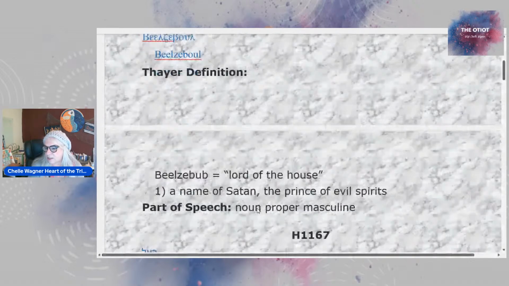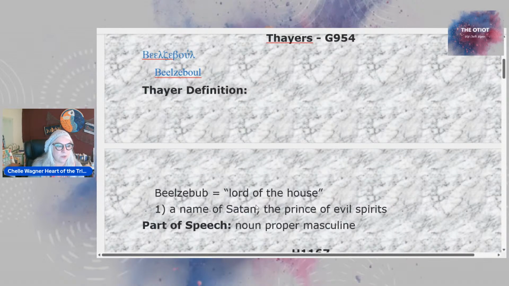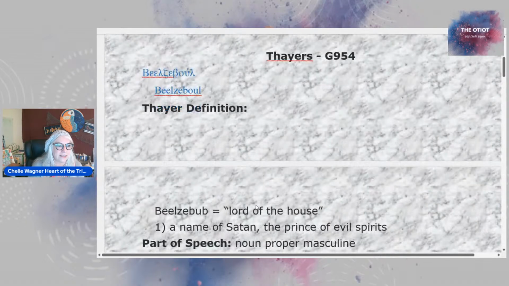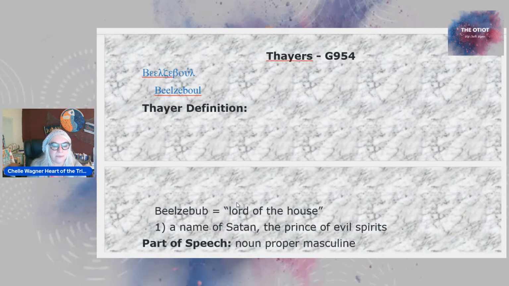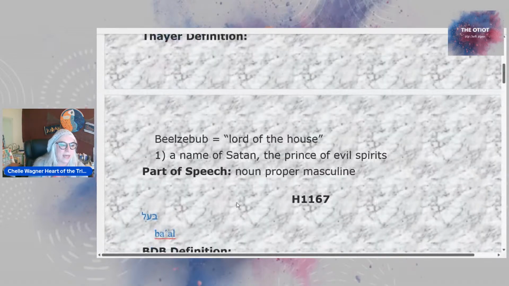Okay, so I took this to my tool that I use on studylight.org to find what would be the equivalent Hebrew. So that's what I did, and I looked it up.